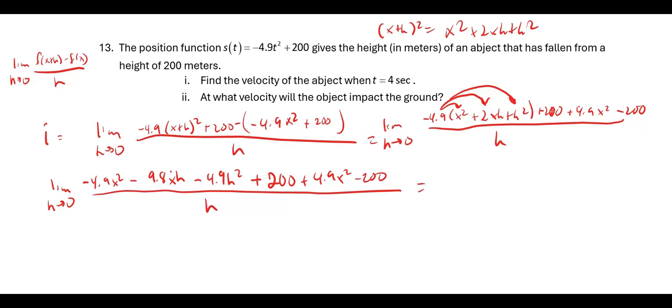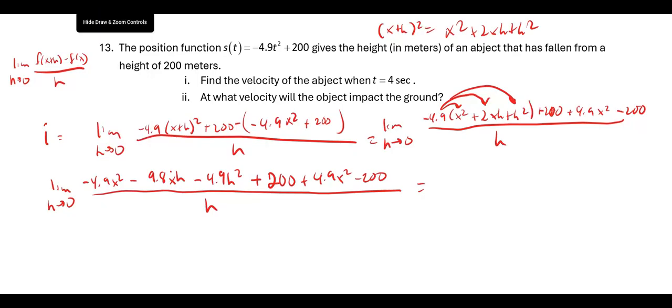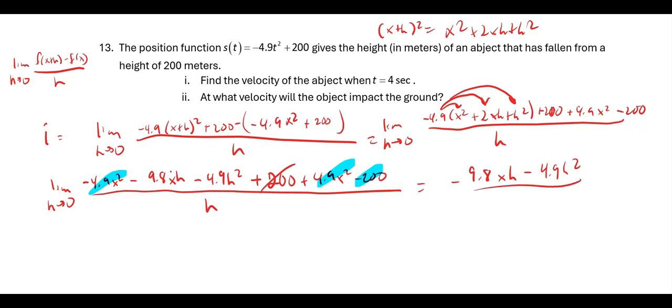Okay. A couple of things happen. That cancels with that. That cancels with that. So we have negative 9.8 xh minus 4.9 h squared all over h.